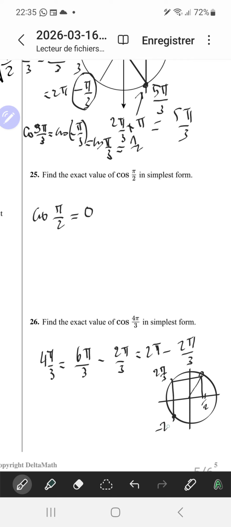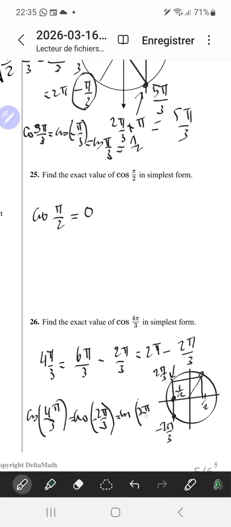Minus is minus 2 pi over 3. And it has the same cosinus as this one, which is another time minus 1/2. So cosinus of this is cosinus of minus 2 pi over 3, which is cosinus of 2 pi over 3, which is minus 1/2.